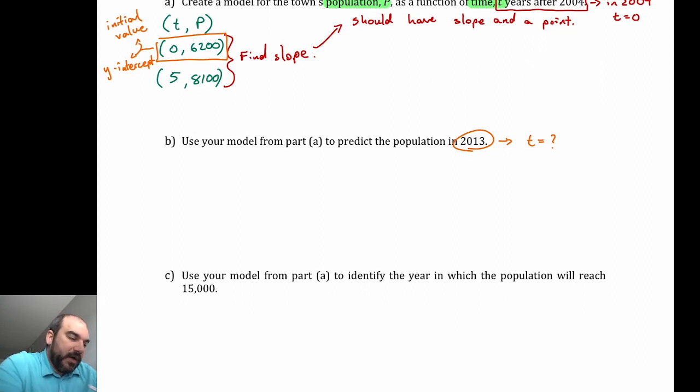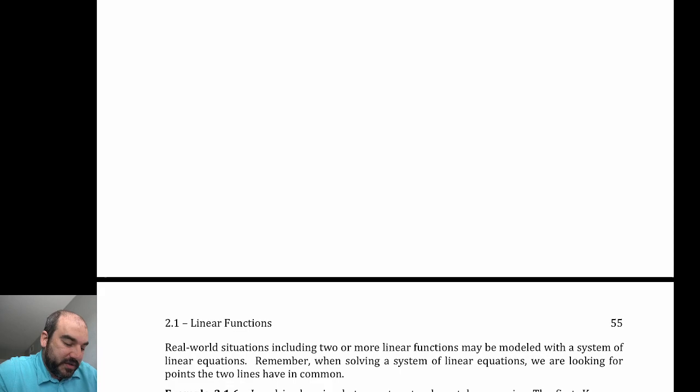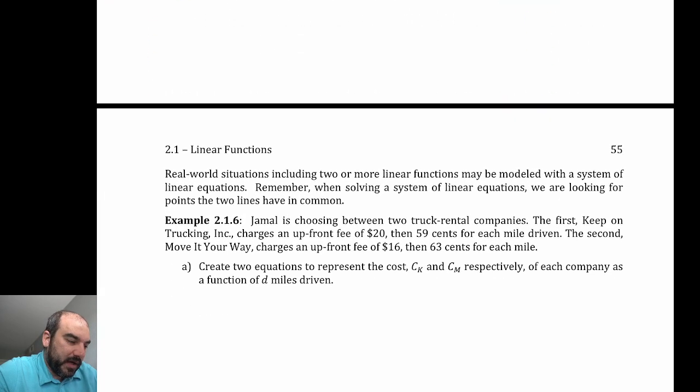And then for part C, it says identify the year in which the population will reach 15,000. That is a p-value, right? That is your p that is reaching 15,000. That's not a time. So you can plug that in for p and solve for t. So you guys will work on that.